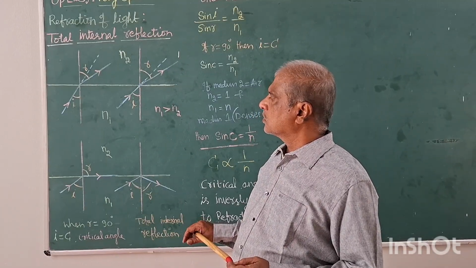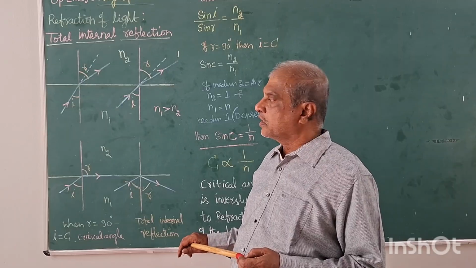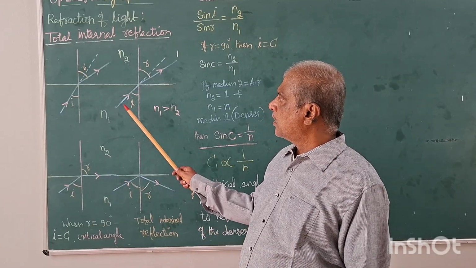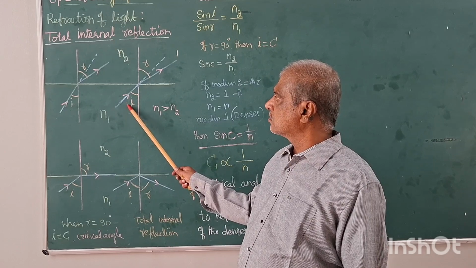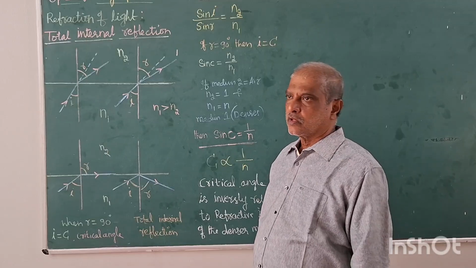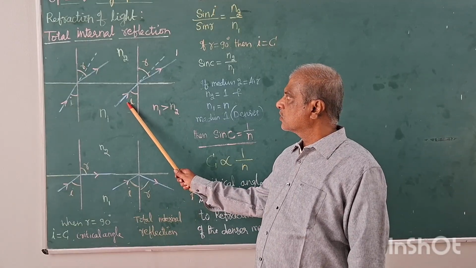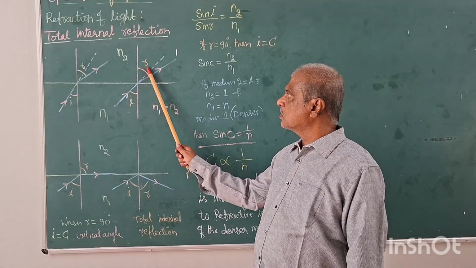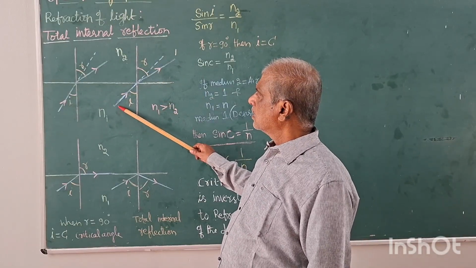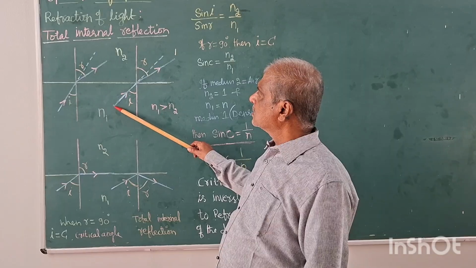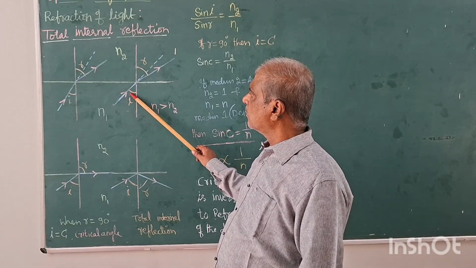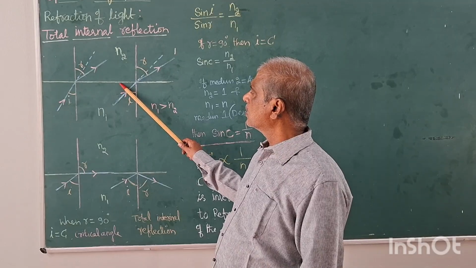Let us go into a little more detail on this concept. Upon increasing the angle of incidence, what would be the angle of refraction? Let us increase the angle of incidence. The angle of refraction also increases. As the light ray is bending away from the normal, it bends towards the interface.